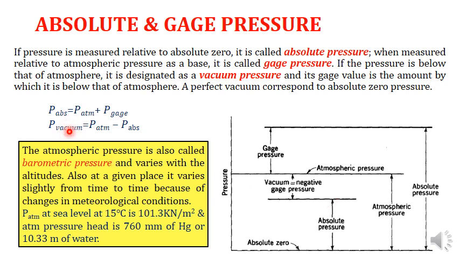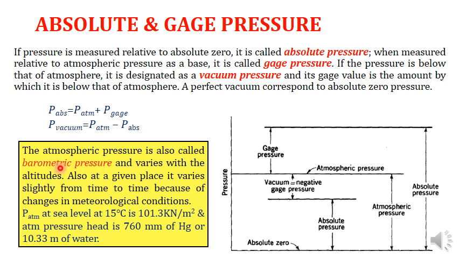This is the case for fluids with pressures less than the atmospheric pressure, and the earlier equations are for fluids with pressures more than the atmospheric pressure. The atmospheric pressure is also called barometric pressure.